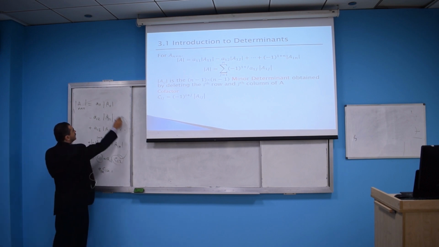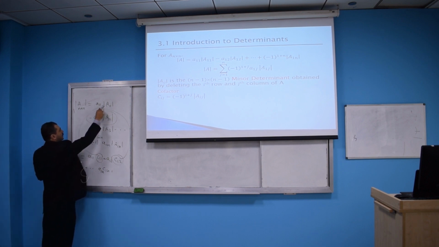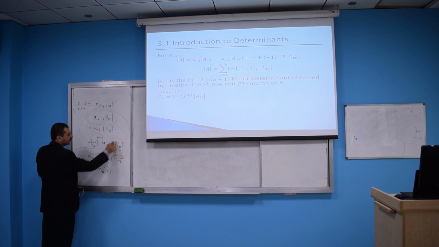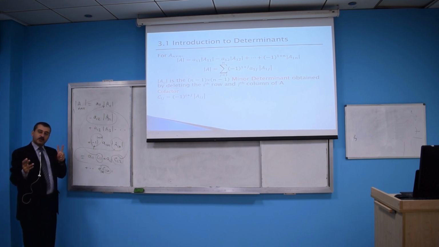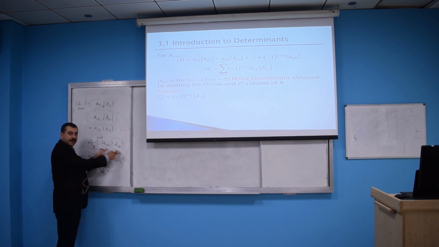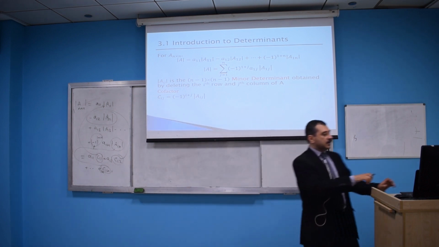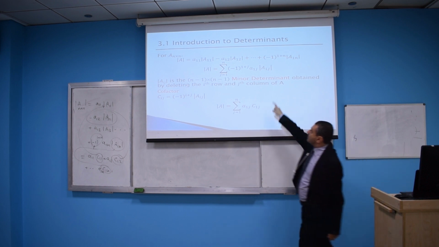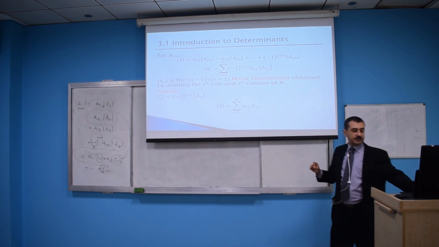This one is -1 power n plus 1 multiplied by the determinant. So the cofactor contains both the minor determinant and the sign. This is called the cofactor of the entry ij. Instead of writing the expansion this way, you can write it simply like this.